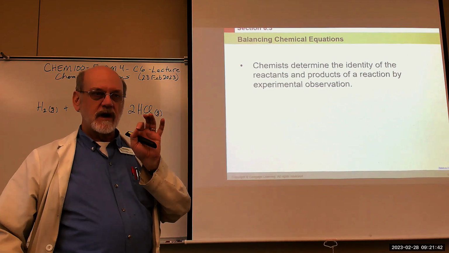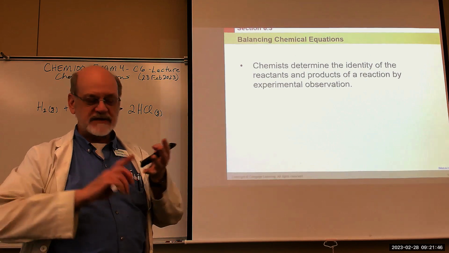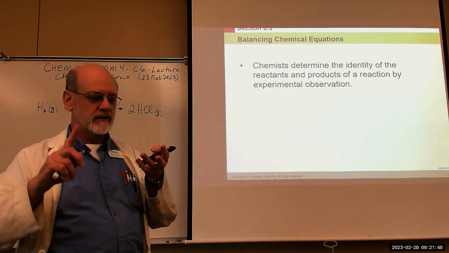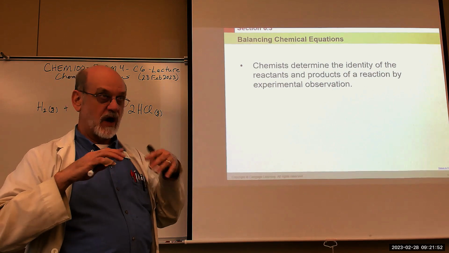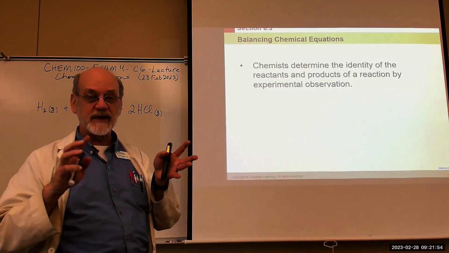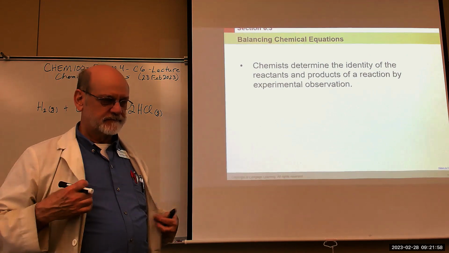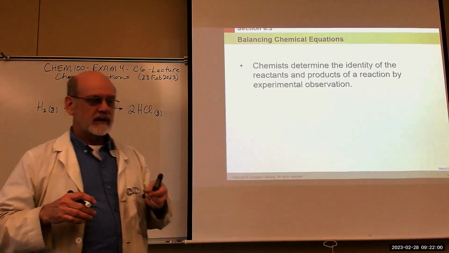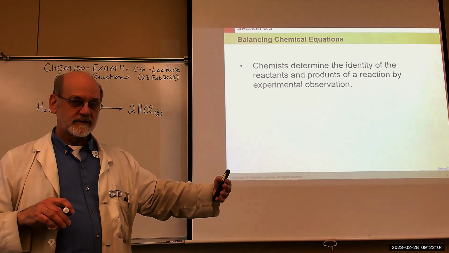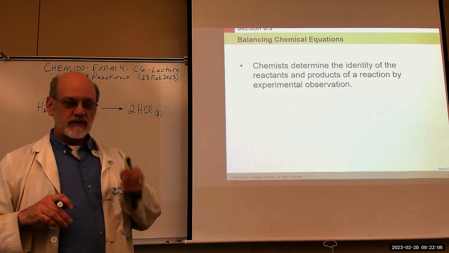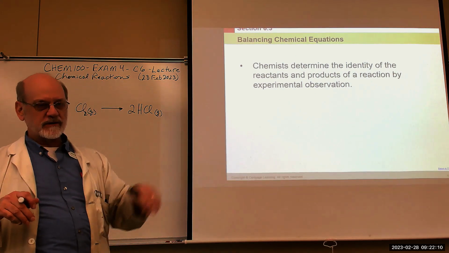Because under different conditions of, say, temperature, pressure, other factors like catalysts maybe, the sky's the limit. Under different conditions, you might get different products. So we generally give you both the reactants and the products so that you can write the complete equation.